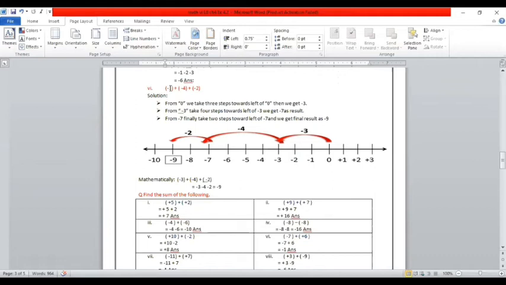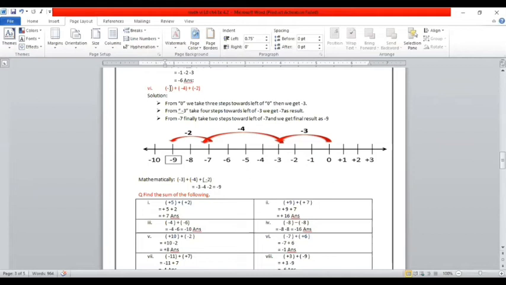Again at -3, I have to move 4 steps more towards the left, and I will reach at -7.